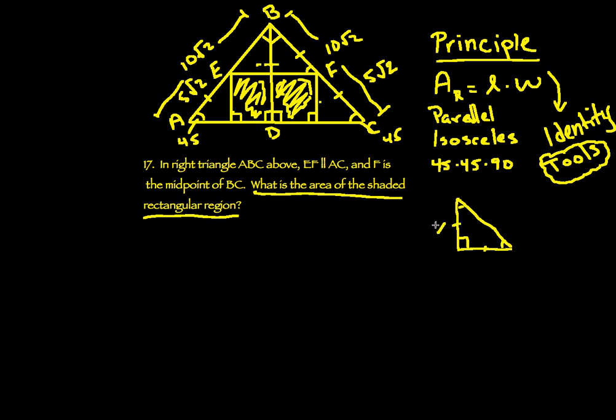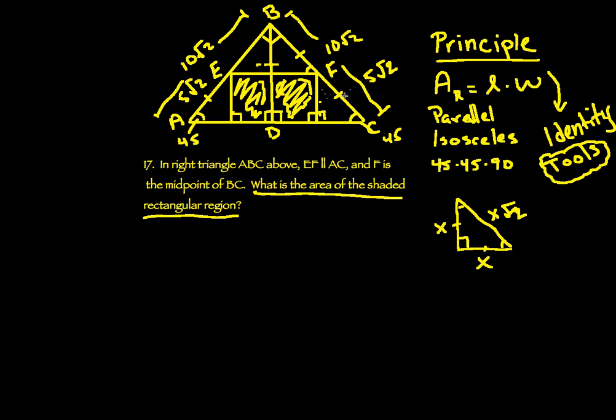And the ratio of sides is x, since they're exactly the same, and this hypotenuse is x radical 2. So every right triangle that has 45, 45, 90 degrees has a ratio of sides of x, x, x radical 2. Well, in our unpacking, we see that this is also a 45, 45, 90 triangle.